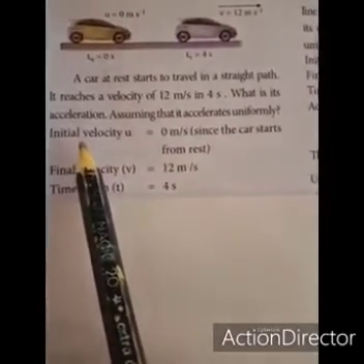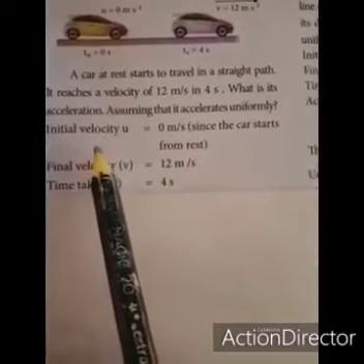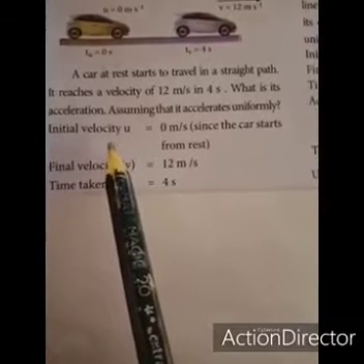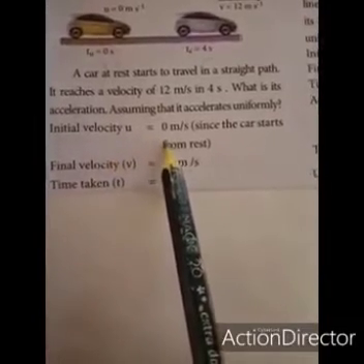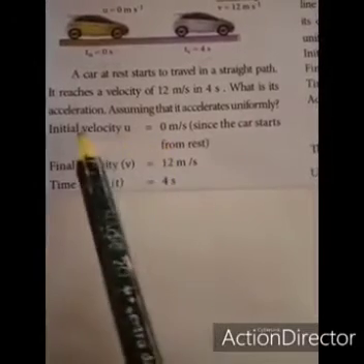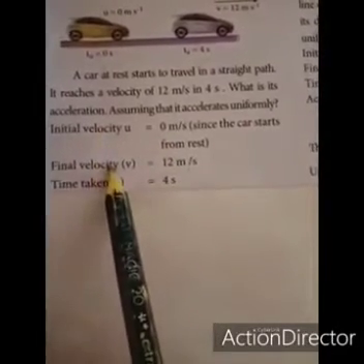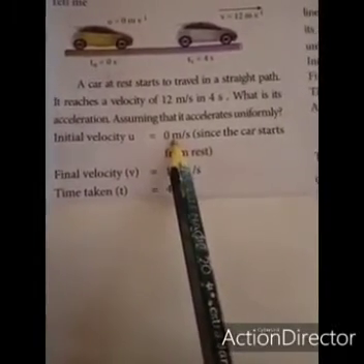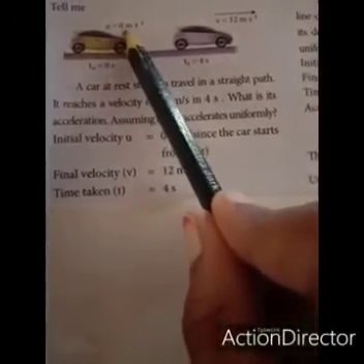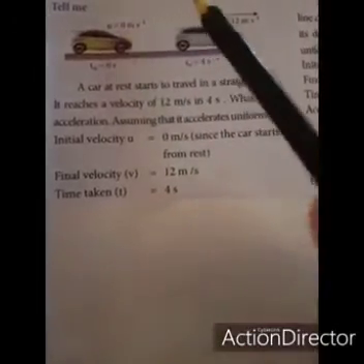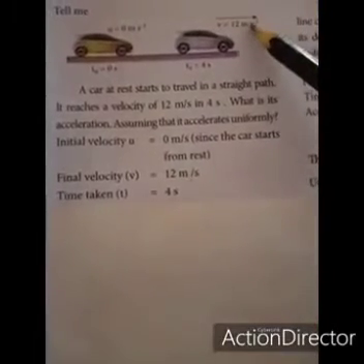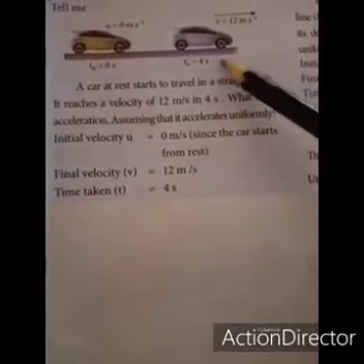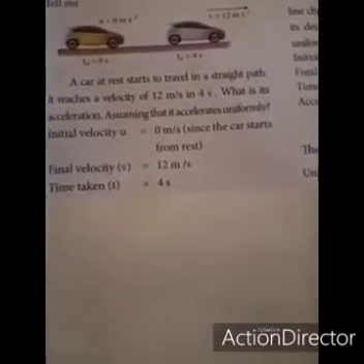To find acceleration of this car, we use the formula change in velocity by time taken. To find change in velocity, we need initial velocity u and final velocity v. Initial velocity is 0 because the car is at rest. Final velocity is 12 meter per second and time taken is 4 seconds.